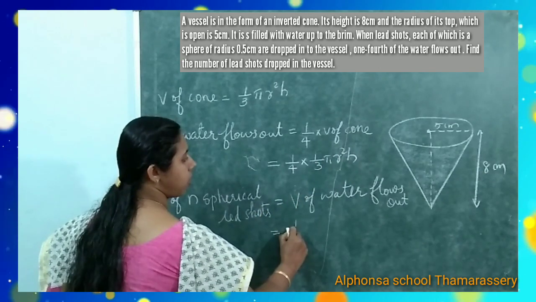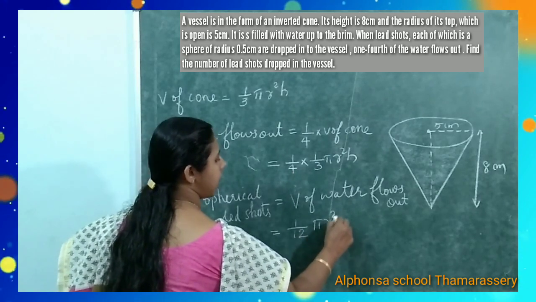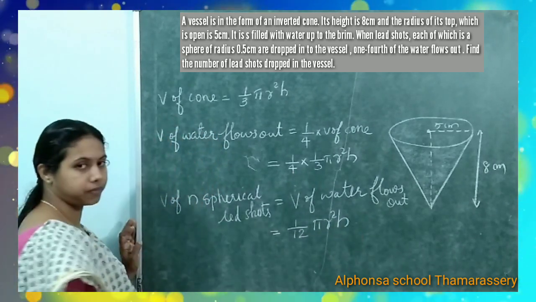That means 1 by 4 into 1 by 3, that is 1 by 12 pi r square h.